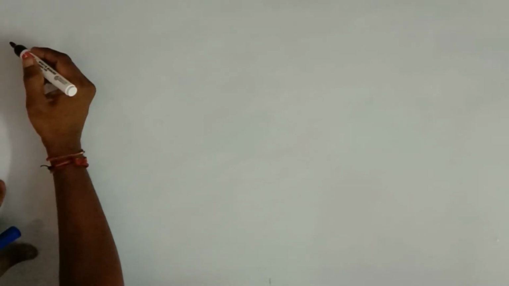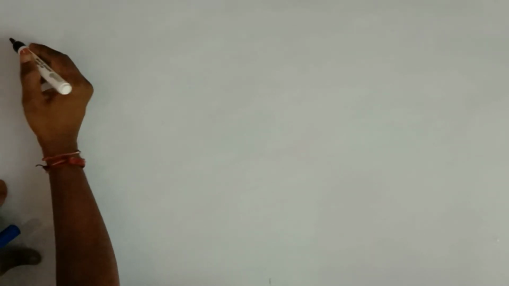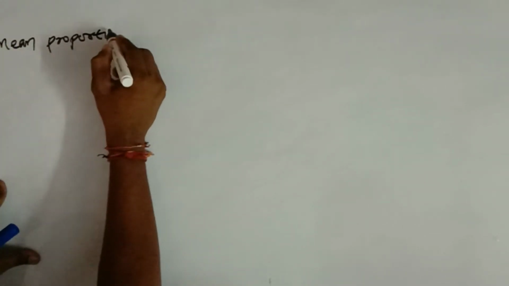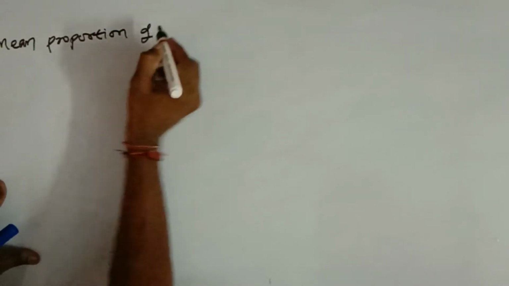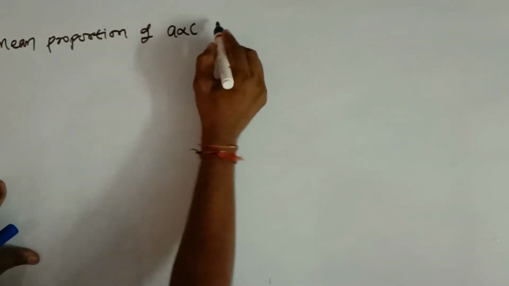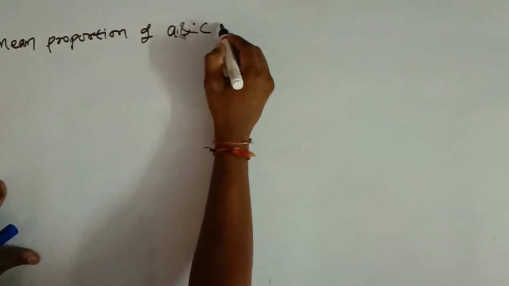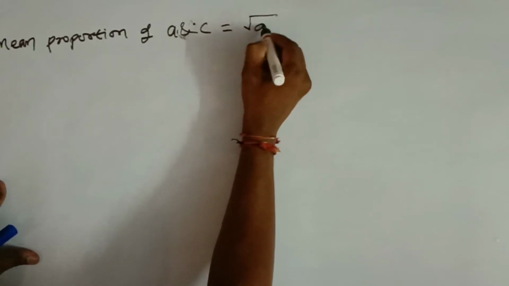between 4 and 8 is 6. Then we have to check whether the mean proportion of 4 and 8 is 6 or not. Okay, so the mean proportion of A and C formula is under root of AC.